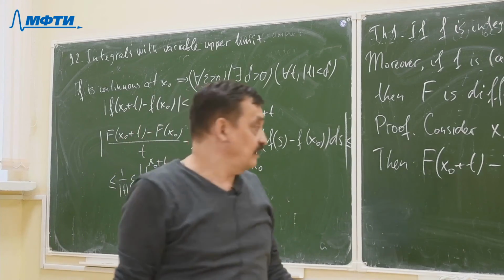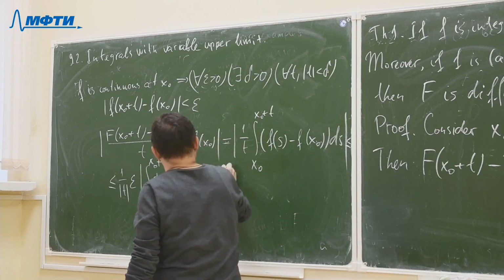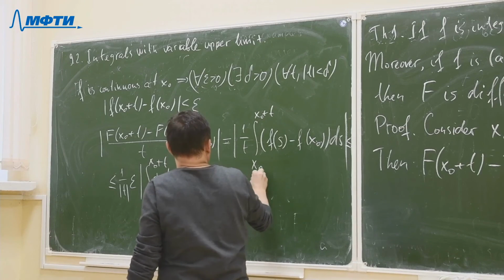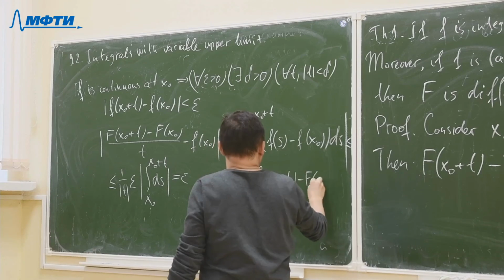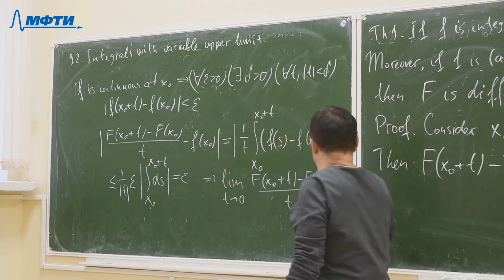And that means, because of that estimate, we have the limit as t tends to 0 of F of x naught plus t minus F of x naught over t equals f at x naught.